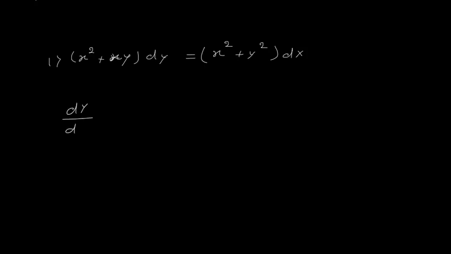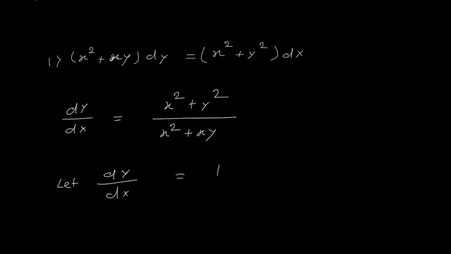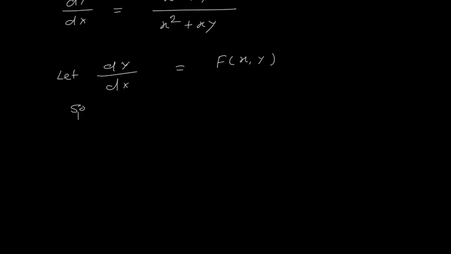So here dy upon dx is equal to (x square plus y square) upon (x square plus xy). Let us consider that this dy upon dx is some function of x comma y. So we have f(x, y) is equal to (x square plus y square) upon (x square plus xy).